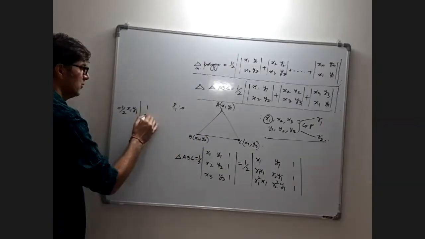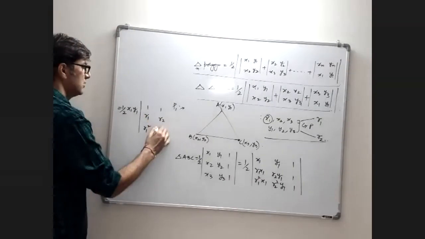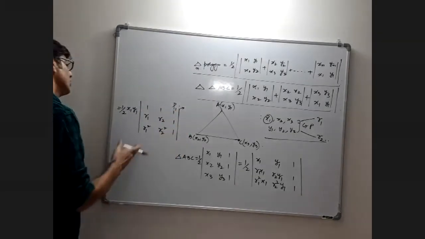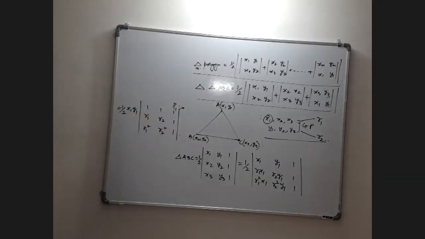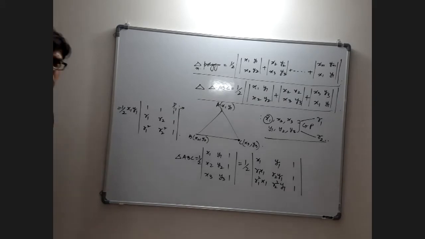The determinant is going to be 1, 1, 1, R1, R1 squared, 1, R2, R2 squared, 1. So can you give the result for this now? Did anyone solve this problem? Or does anyone have the solution right now?